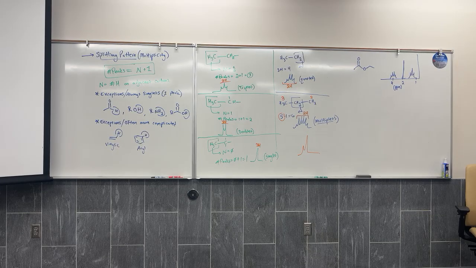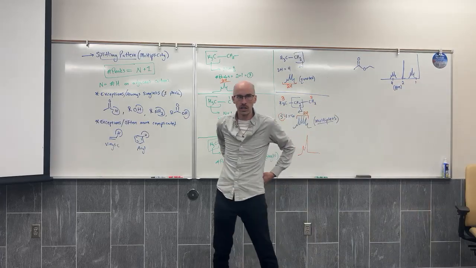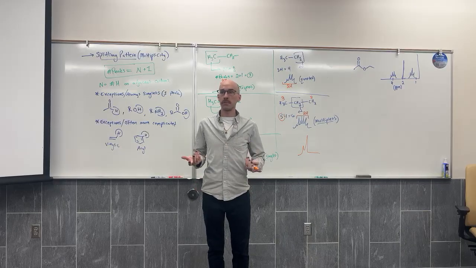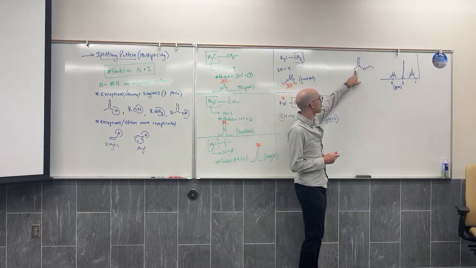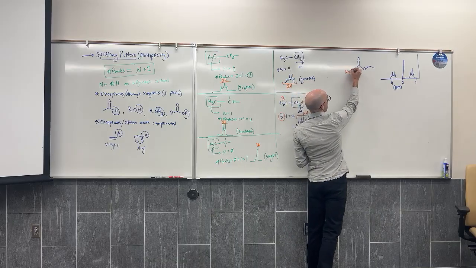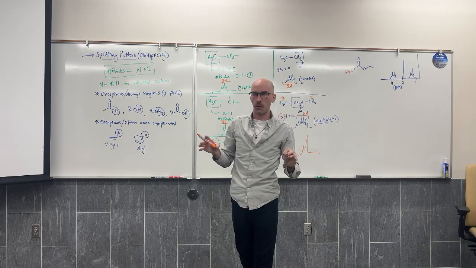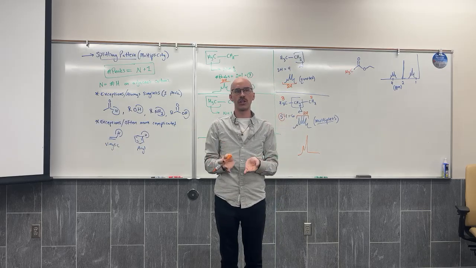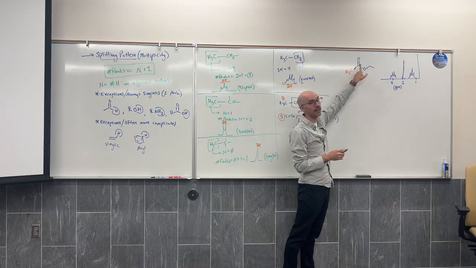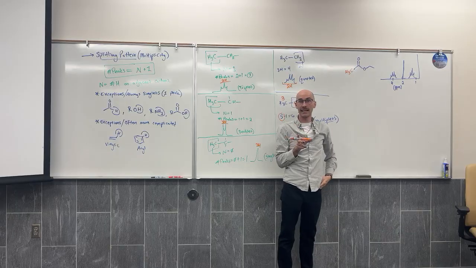You nailed it. All right, so I want to go through this one together because I saw you guys leverage all of the information given to you. First, splitting pattern. I have a CH3 that has no neighbors. It's important to remember that we do not see signals from carbon here. We only see signals from hydrogens, and these hydrogens have no neighboring hydrogens, so they should show up as a singlet, 3H.